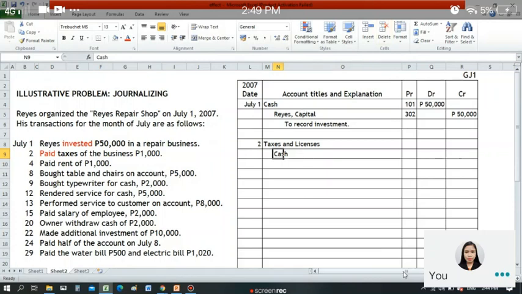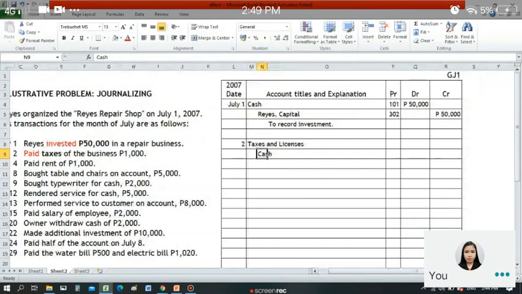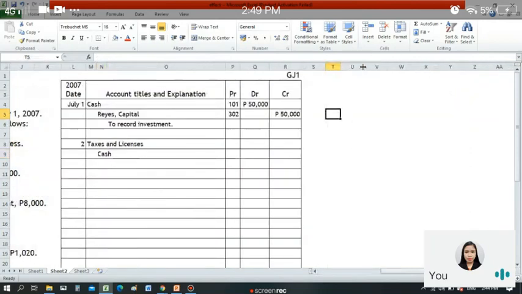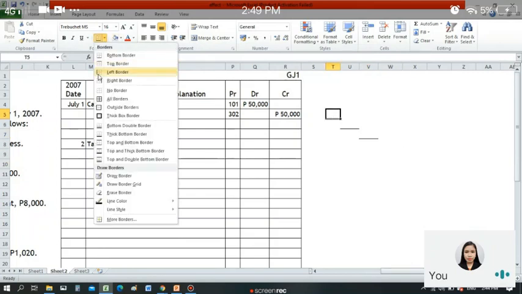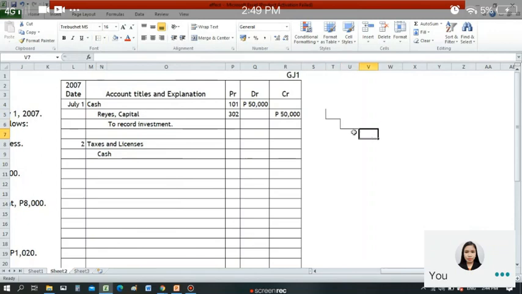Huwag malilito ha. Teka lang. Meron tayong tinatawag na ladderize eh. Ayan. So, how will you picture the ladder? Di ba pataas? Paganyan? So, the first, yung upper mismo, this is the section to record the debit account title.